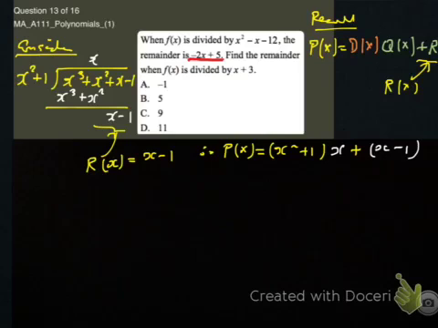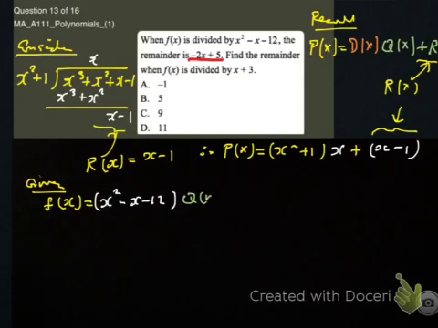Now let's find the remainder when f of x is divided by x plus 3. Let's put that into our expression. So f of x is equal to a divisor times the quotient plus the remainder.